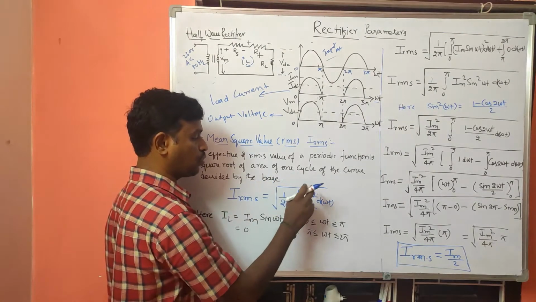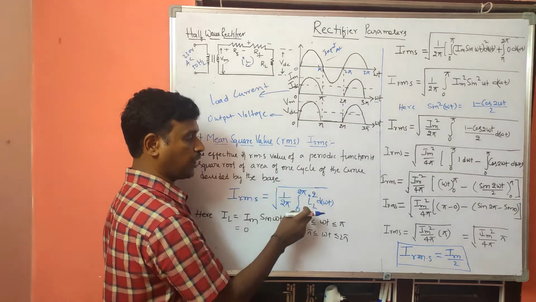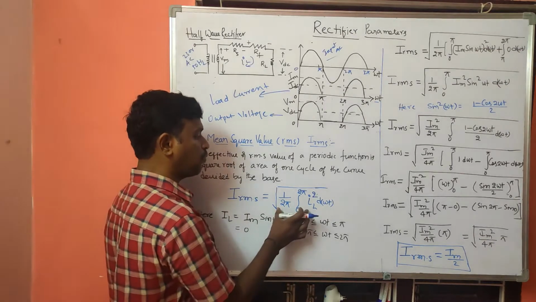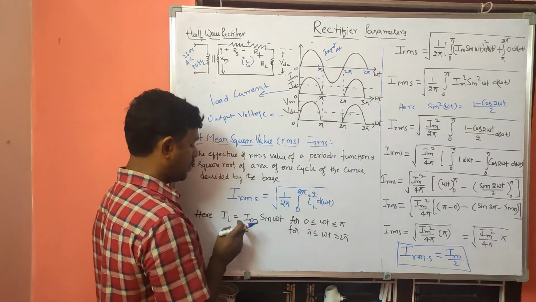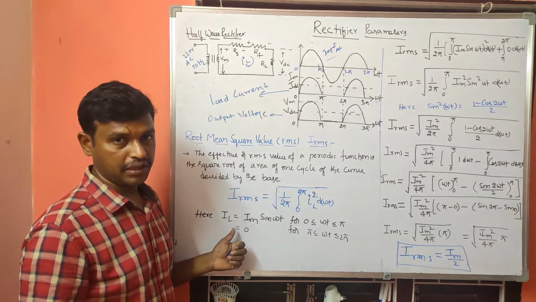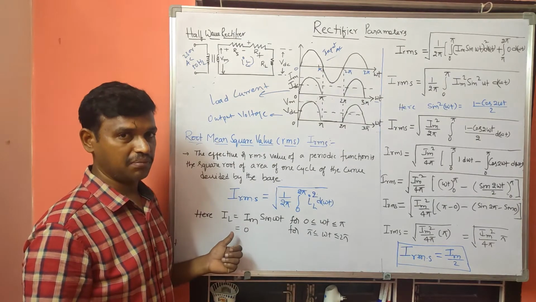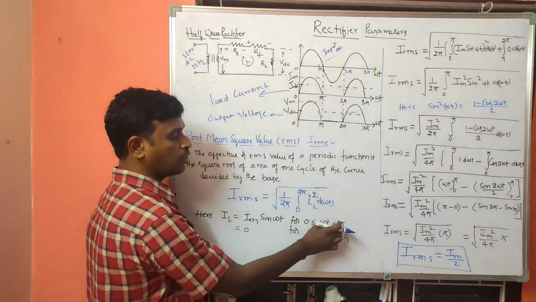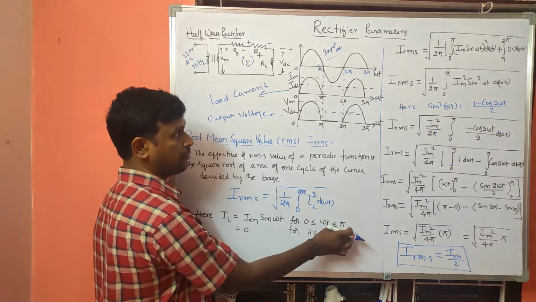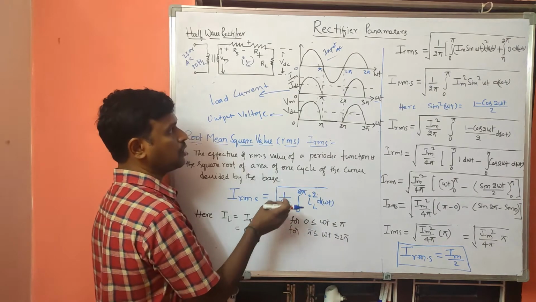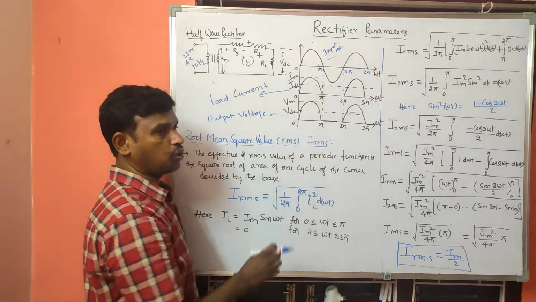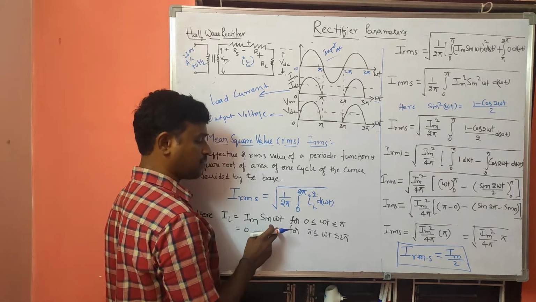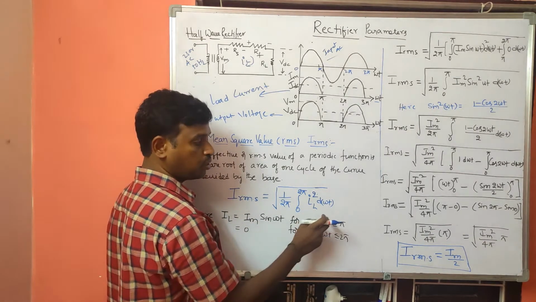IRMS is equal to the square root of 1 by 2 pi, integral from 0 to 2 pi of IL square d omega t. The load current can be represented as IL equal to Im sin omega t for omega t from 0 to pi.